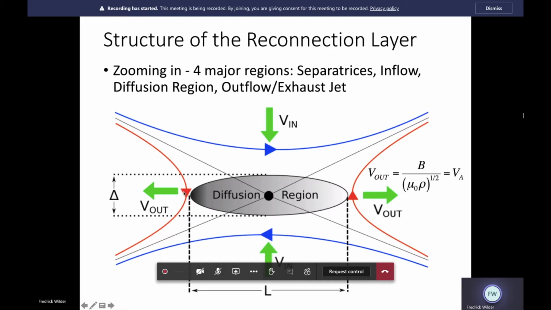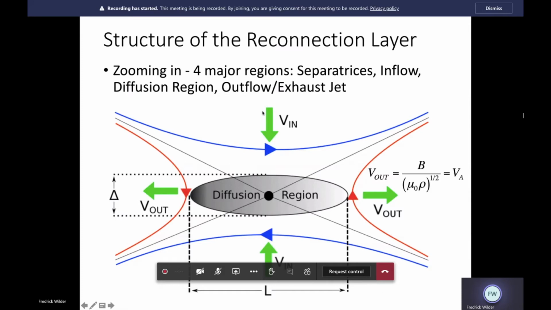And then eventually out of the diffusion region, you'll get your jetting of plasma. The speed of that plasma jet is the magnetic field strength divided by the square root of the permeability of free space times the mass density of the plasma. We call that the Alfvén speed. Alfvén waves are like magnetic fields acting like vibrating strings, so the phase speed of those Alfvén waves is also the speed of the jet.